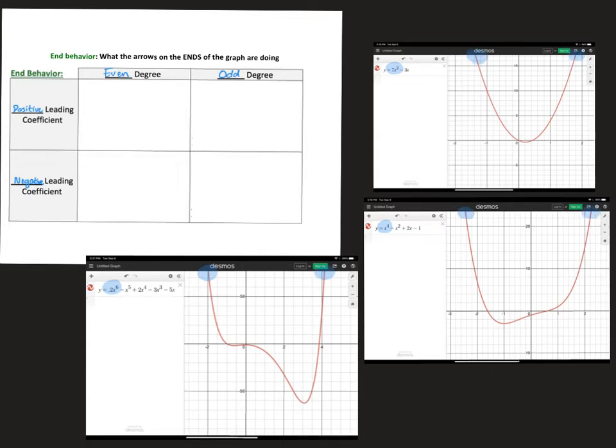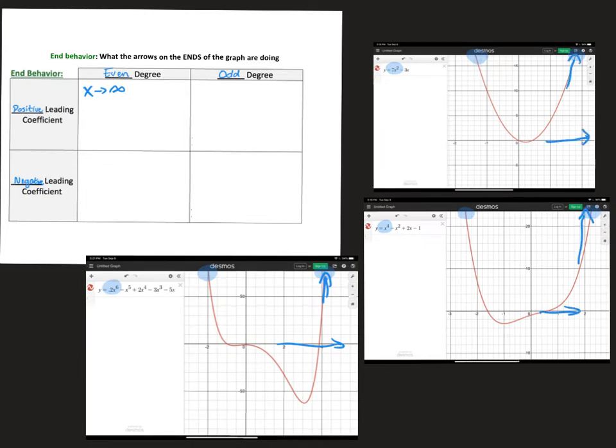Because all these ends are going up, I can make a definitive statement about my end behavior when I have an even degree and the leading coefficient is positive. The first end I'm going to make a statement about is as x approaches positive infinity. As x goes to positive infinity, all of these graphs are going to positive infinity.